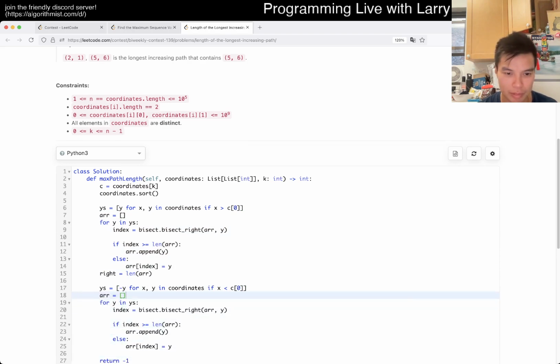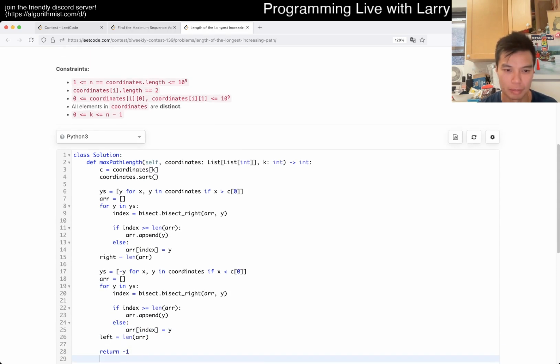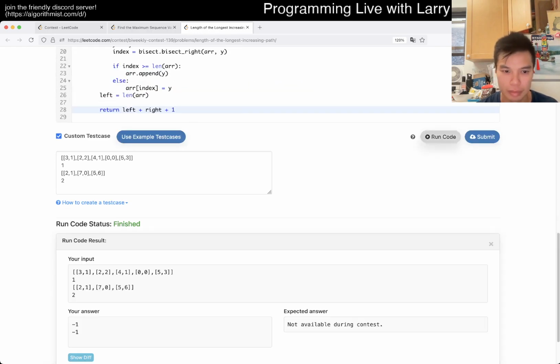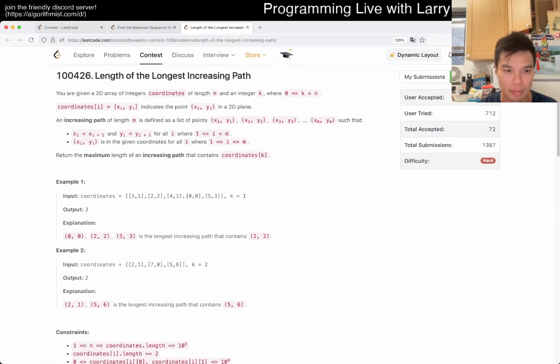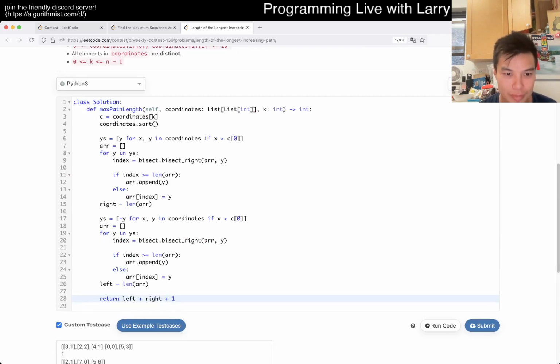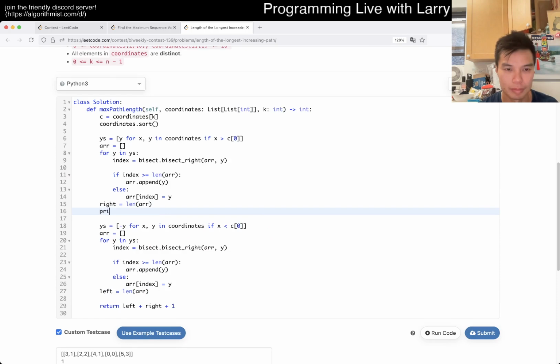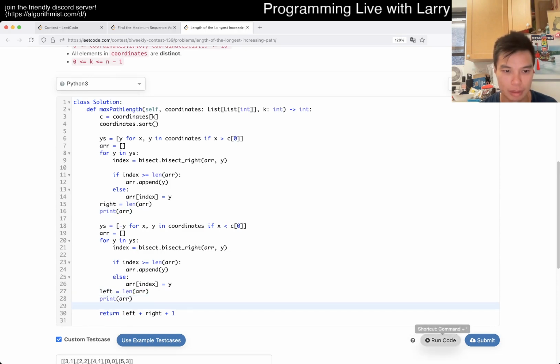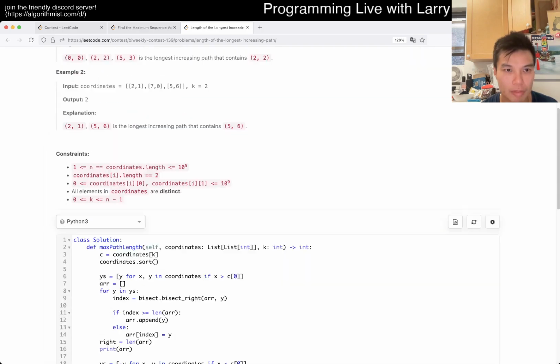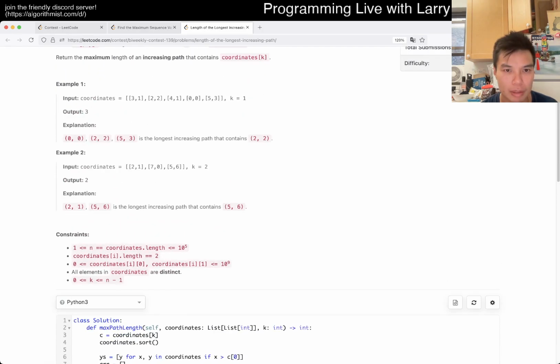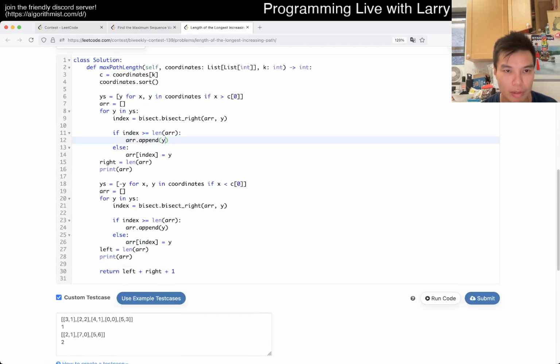I probably could have abstracted this, but okay, so it's definitely wrong.